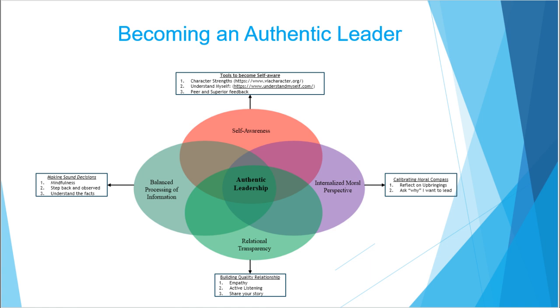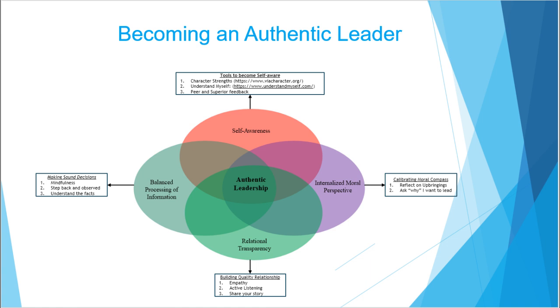So going back to those things and understanding them will give you your moral compass when you're making decisions. And then relational transparency. This is where you have a quality relationship with your followers. You are constantly working with them, understanding their perspective, them understanding who you are, and having that quality relationship with them. That would increase your authentic leadership behavior.